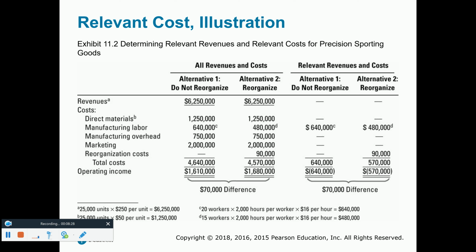Obviously, there are future revenues and costs that might differ among the alternatives that we need to consider. But just looking at what's on our screen, if all other things are equal, you would decide to reorganize because the operating income, as you see, is $70,000 more if we reorganize.